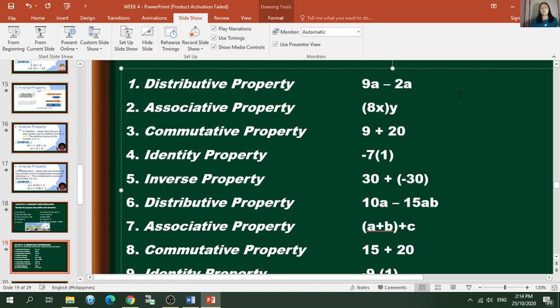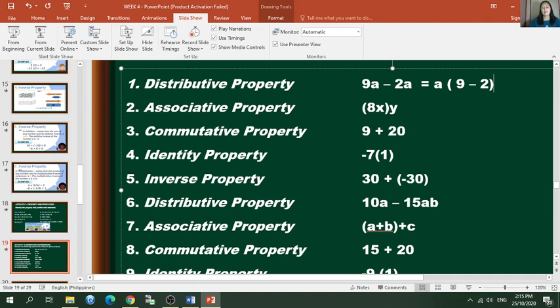What does distributive property say? There should be a common factor, and that is a, which is multiplied by what is left here, which is 9, minus what is left here, so we have 2.